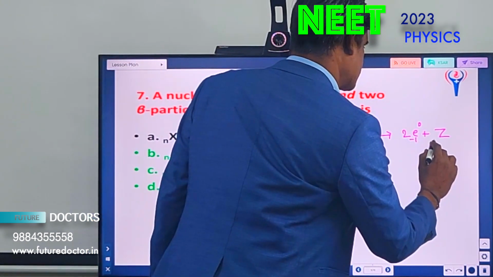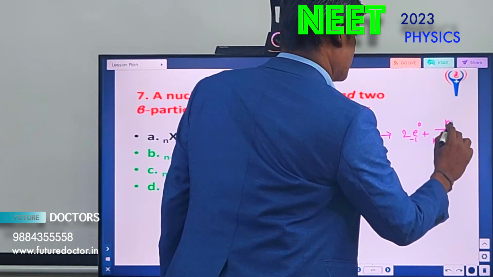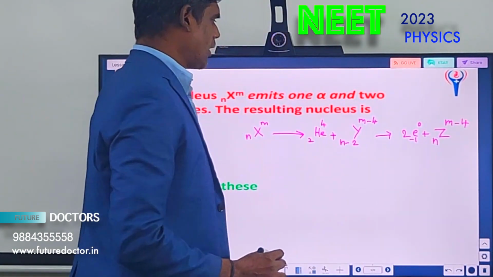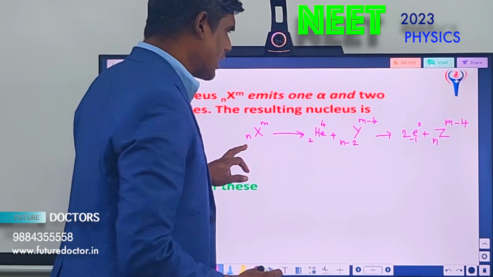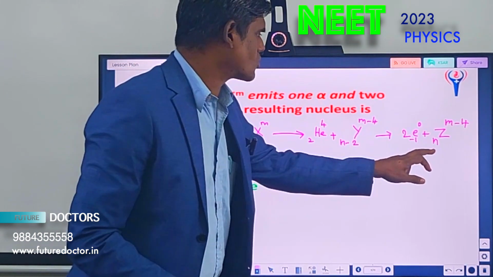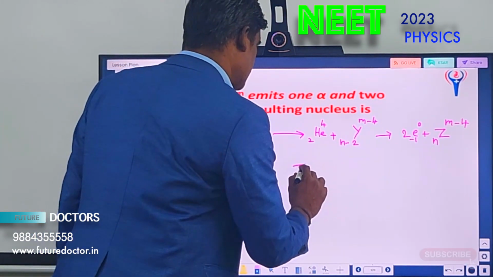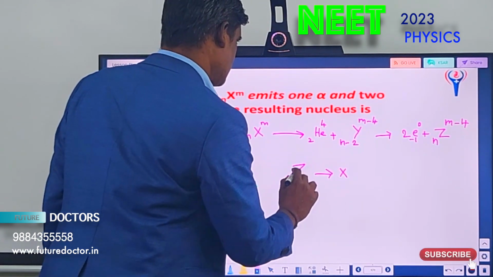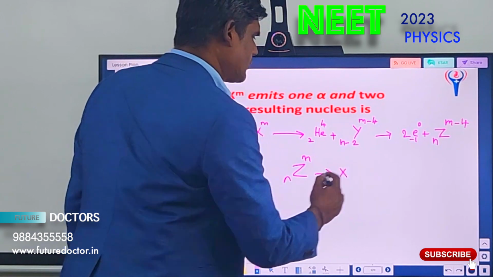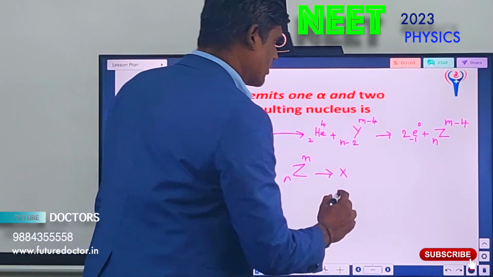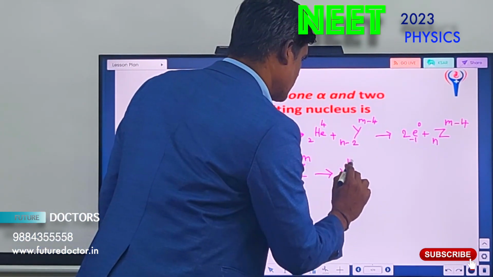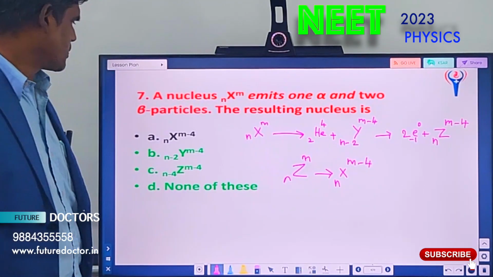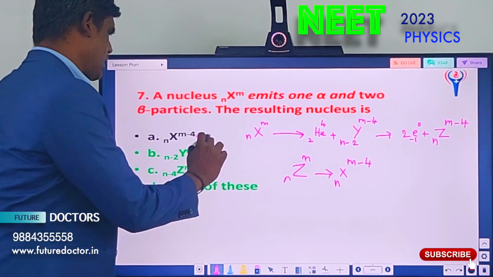Therefore, you will get atomic number n again, and the mass number will be m minus 4. The atomic number of Z is also the same n, so we can write Z as X. That is, after 1 alpha particle and 2 beta particles, X n m gives X n m minus 4. So which option? Option A is the correct answer.